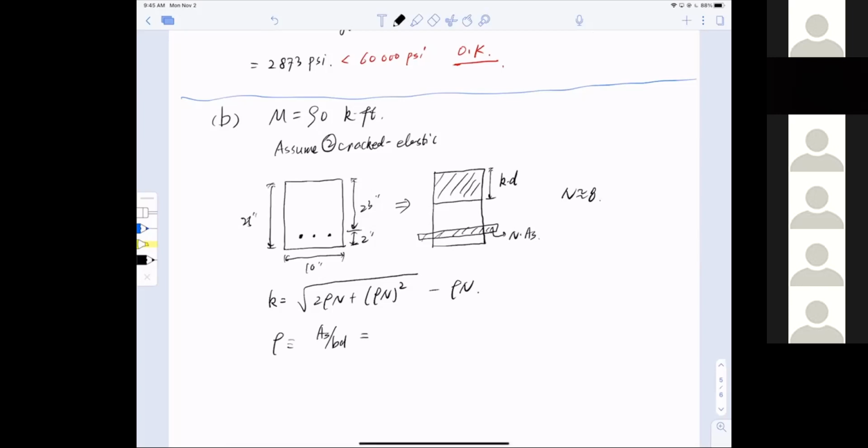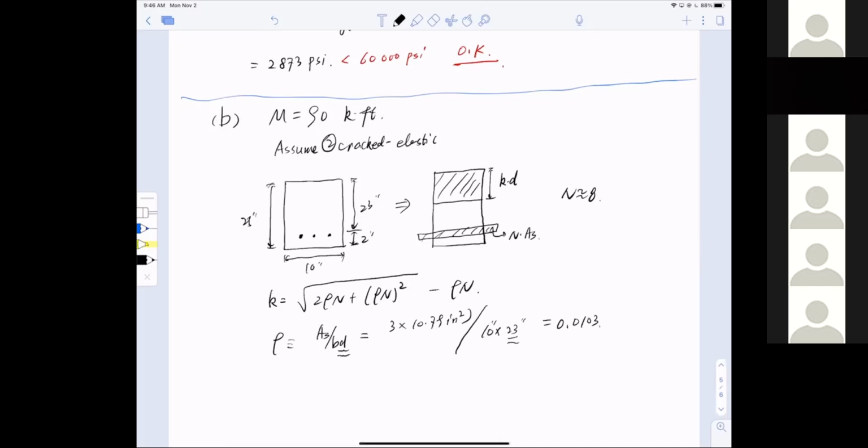Number 8 bar is 0.79 inch squared, divided by bd, the section, so 10 multiplied by 23 inches. Be careful, this is bd, not bh. People sometimes make mistakes here. This is 0.0103.